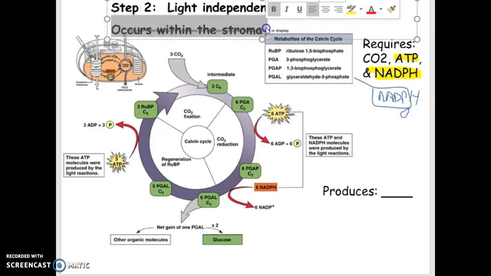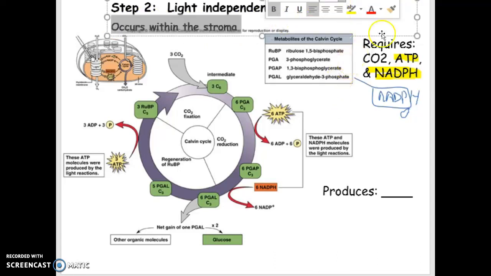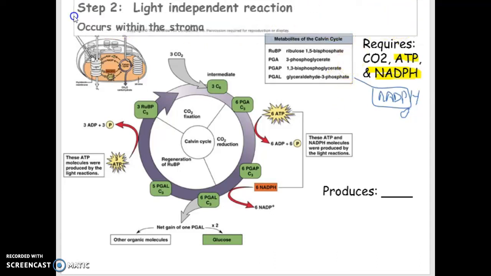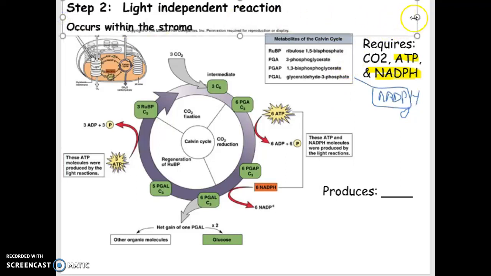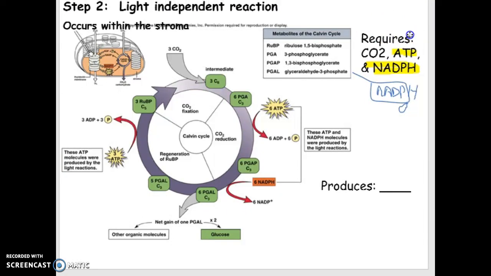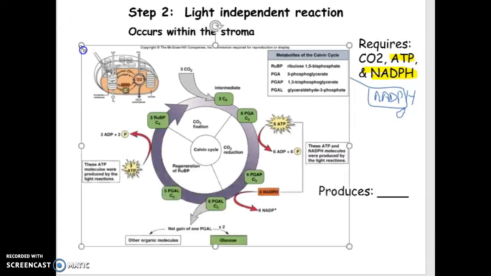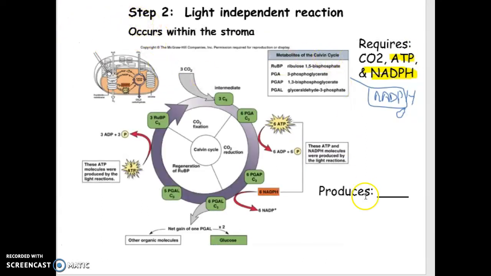So that space within the chloroplast between the stacks of green coins, that's where step 2 is going to be happening, within the stroma. It's trying to get it up there so it'd be easier to see. All right, occurs within the stroma. There we go. All right, so step 2, light independent. Sunlight's not required. Carbon dioxide, ATP, NADPH.